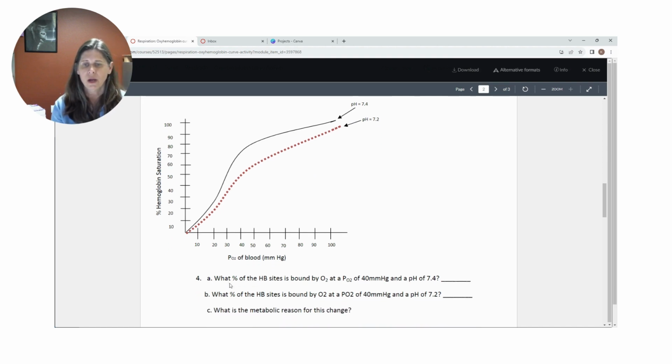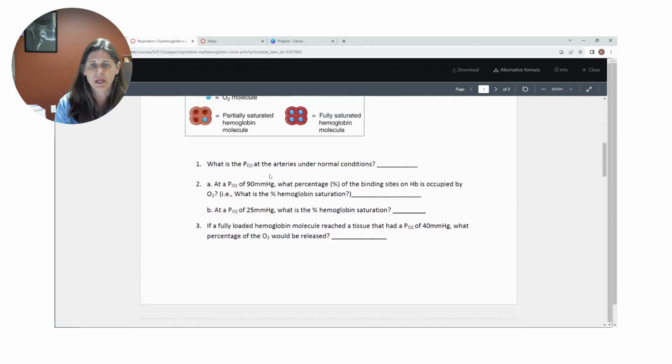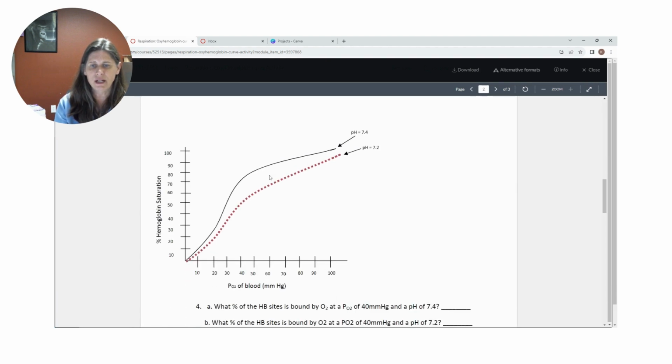So first, what percent of the hemoglobin sites is bound by oxygen at a partial pressure of 40 millimeters of mercury and a pH of 7.4? This question is the same as the curve above that we did up here, but I recreated it here because it's telling you to look at 40 millimeters of mercury, and I want to know what the hemoglobin saturation is when the pH is 7.4.